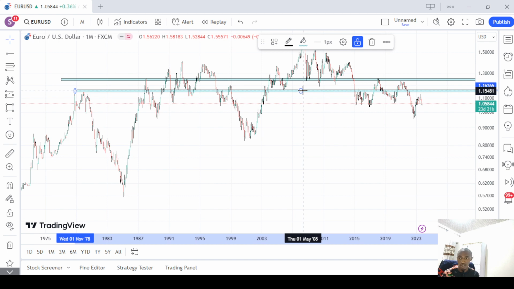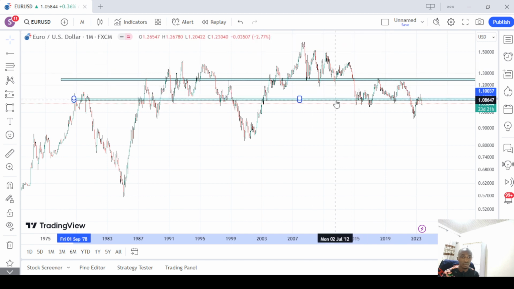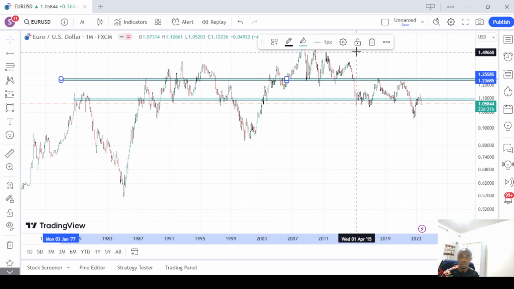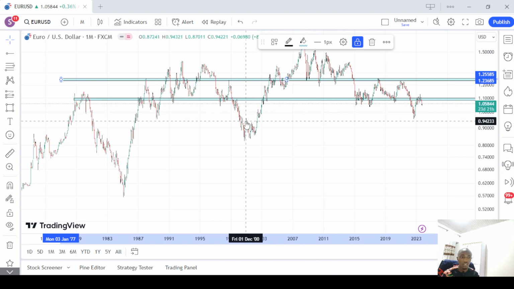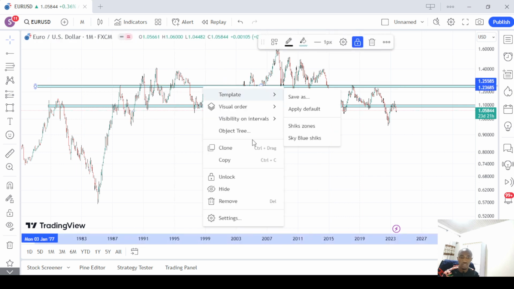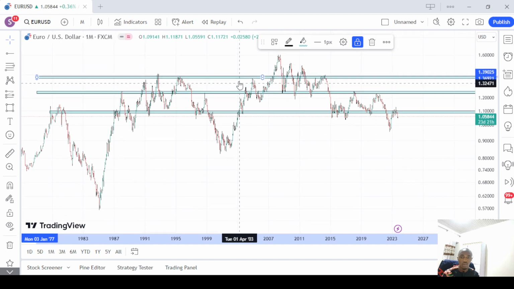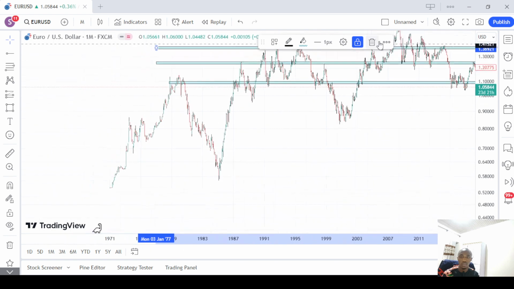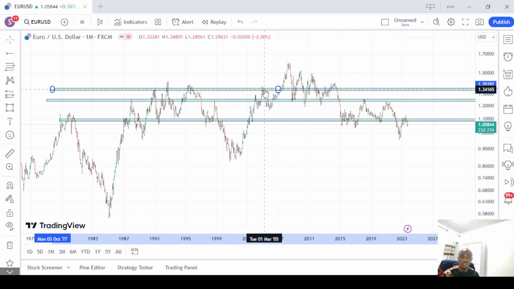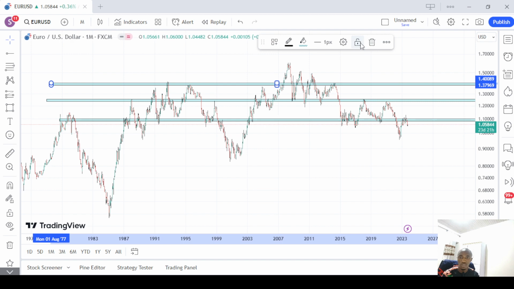Yeah, this is better here. Then you lock, you go to the next, it's okay here, you lock, then you clone it, and you clone, then you drag it to this place, you lock.